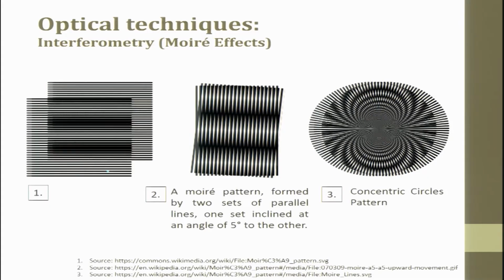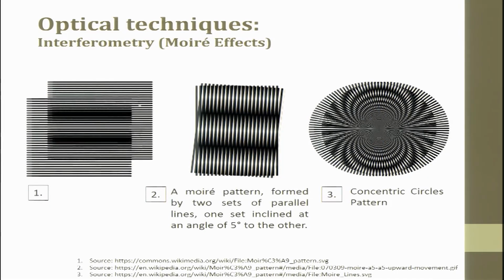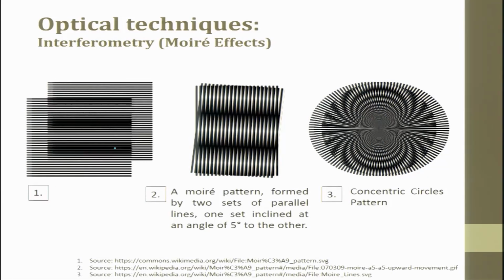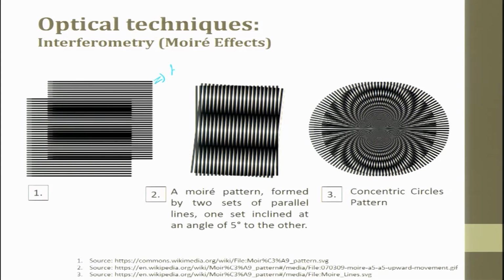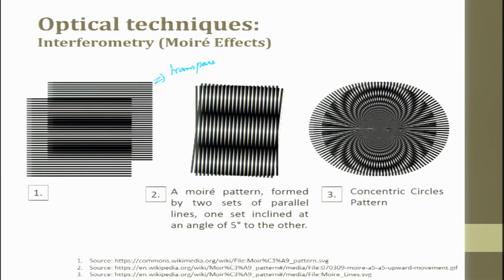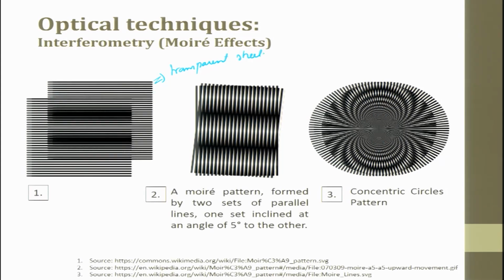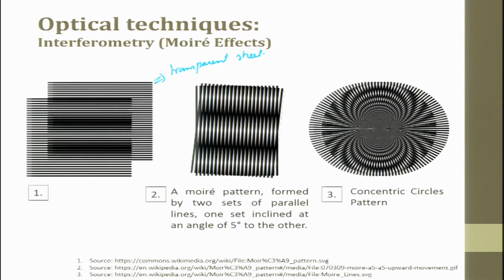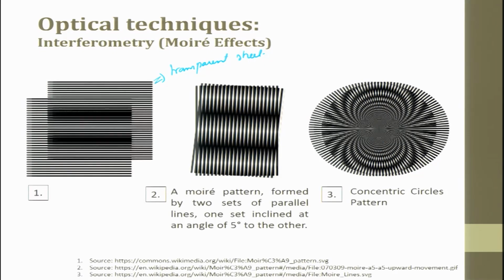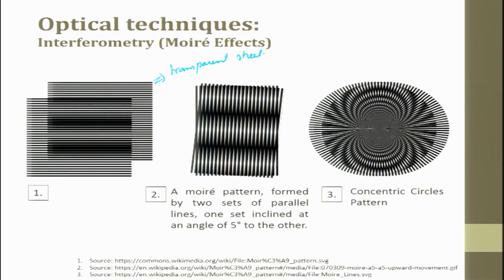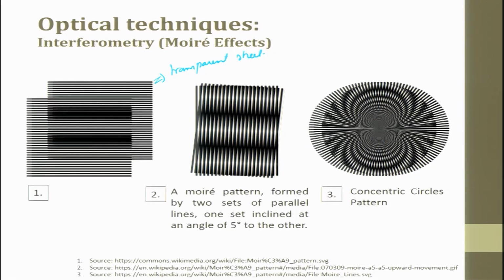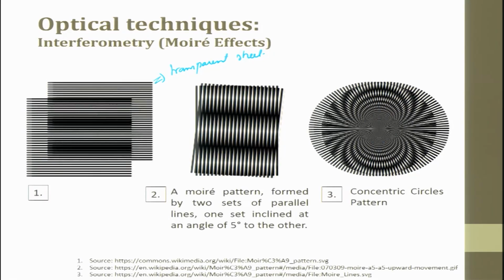So, you see here the same fringe patterns are kept, or you can say this is a transparent sheet which we have just photocopied onto, and we have made one more of the same pattern on another sheet. Now, what I do is slide those two sheets at an angle.